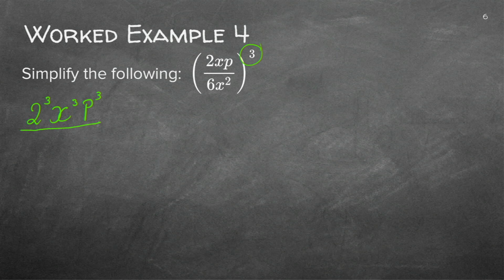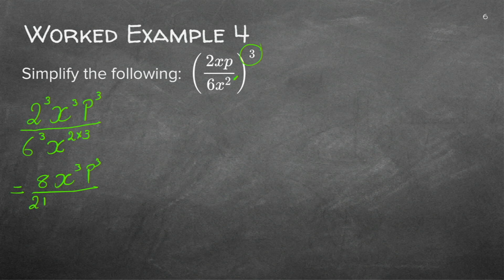We divide that by 6 to the power of 3, x to the power of 2 times 3, because there's already an exponent greater than 1 there, so we multiply it there. Now this is going to be, what is 2 to the power of 3? It is 8. x to the power of 3, p to the power of 3, divide this by, what is 6 to the power of 3?